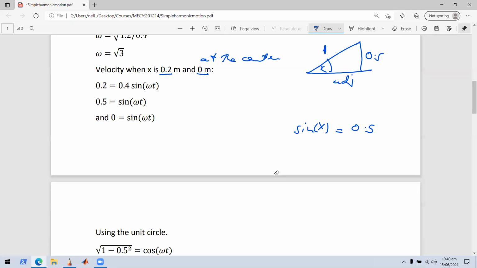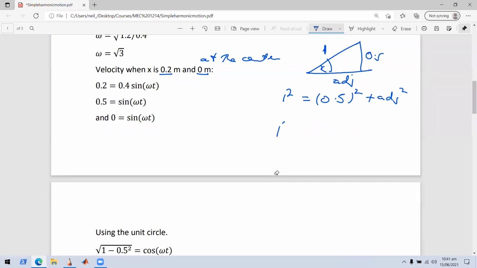Good. So now the adjacent can be described by Pythagoras theorem, which is 1 squared is equal to the sum of the other two sides, right? 0.5 squared plus this adjacent squared. Now we can maneuver this.